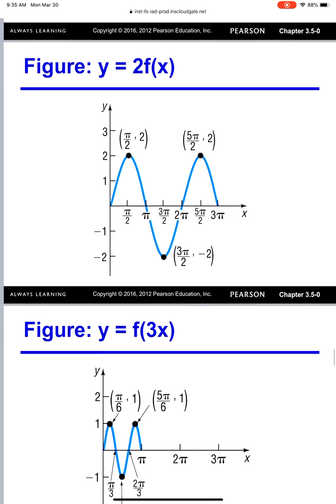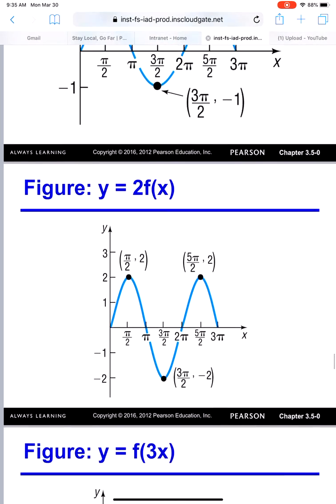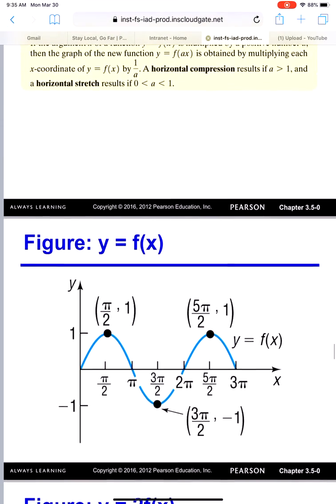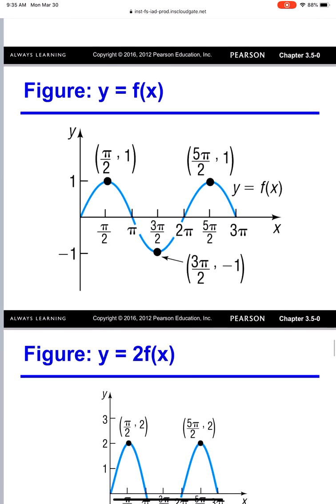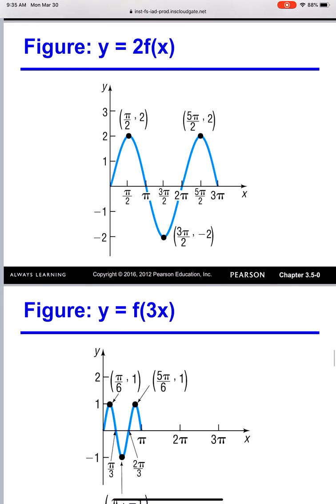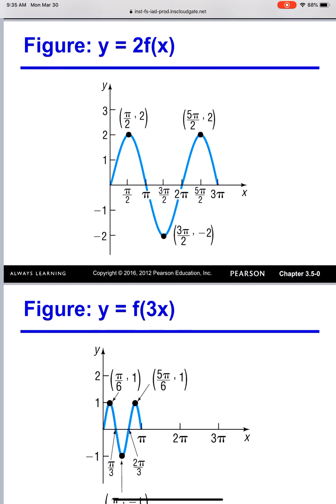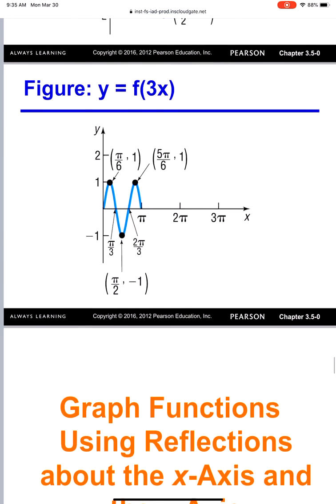So how did they get that pi over 6? Since we have compression, they took the original x coordinate and divided by 3, because we compress. So again, x has to shrink, okay, that's what happened.